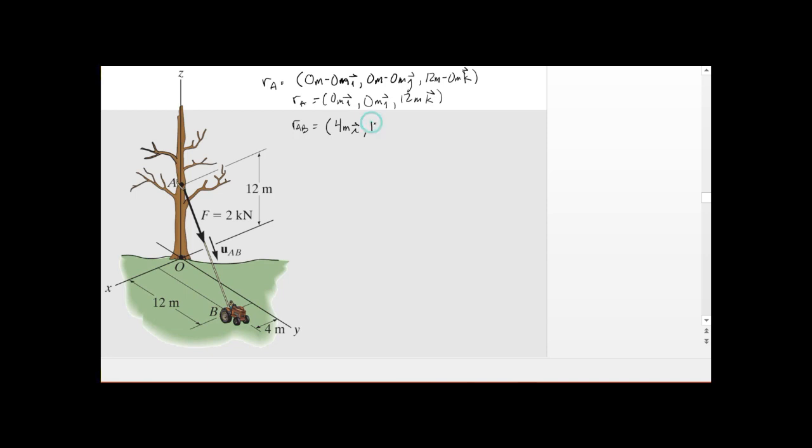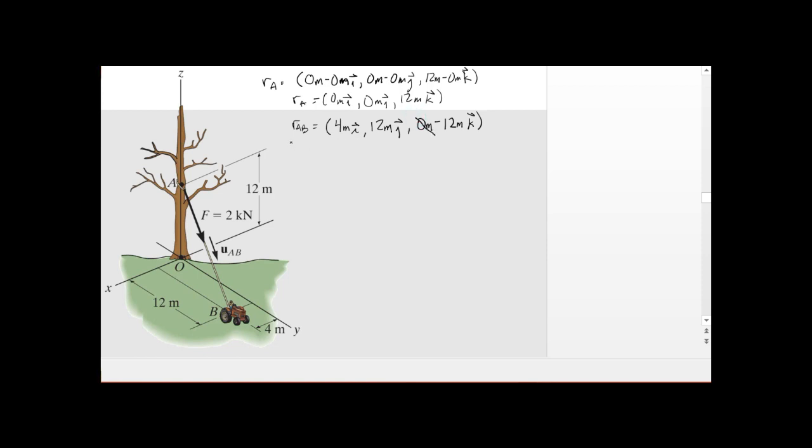So we have 12 meters, and at point A we're at 0, so this is the J. And then we have the K, so the tractor is on the ground at point B, so that's 0 meters in the Z direction for the tractor at point B, and then we have to subtract from the Z coordinates of A, so that's minus 12 meters in the K. So it's easy to see that this is just going to be the minus 12 here for the RAB.